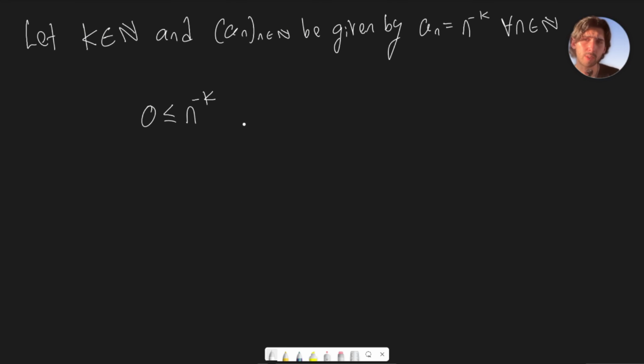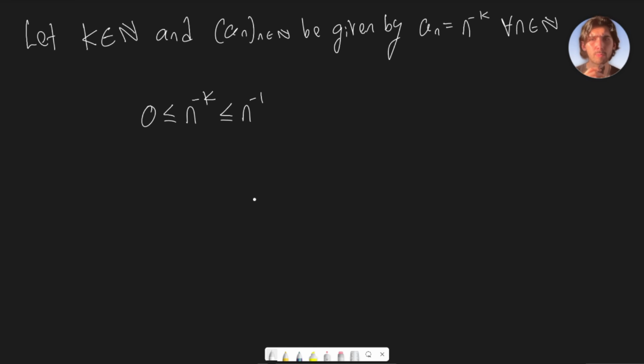Hopefully you guys would agree with that. Would you also agree that it's less than or equal to n to the minus 1, right? Because k can only be 1, 2, 3, 4, 5, 6, 7, etc. And n to the minus k means 1 over n to the k. So for any value of k bigger than 1, n to the minus k will be less than n to the minus 1. So hopefully we agree with this inequality here.